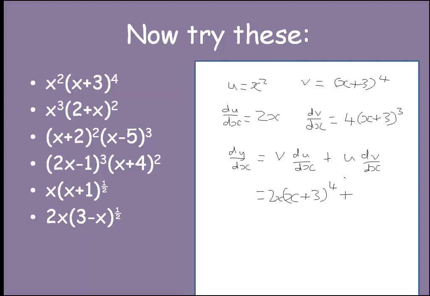And then it's plus u, which is x squared, times dv dx, which is the 4. We'll put the 4 in front again because it looks better. (x plus 3) cubed. I'm going to leave that like that for now. I will, during the lesson, show you how we can factorise these sort of expressions, but for now I'm just going to leave that like that.